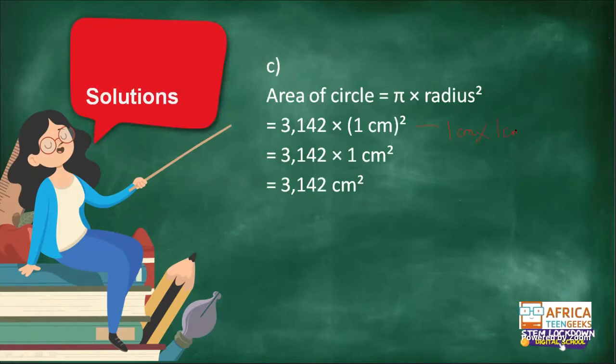That's why 1 times 1 is 1. And centimeter times centimeter is centimeter squared. So your final answer is 3.142 centimeter squared. Excellent work, everyone. You guys are a great bunch.